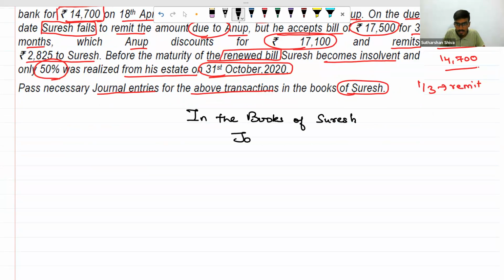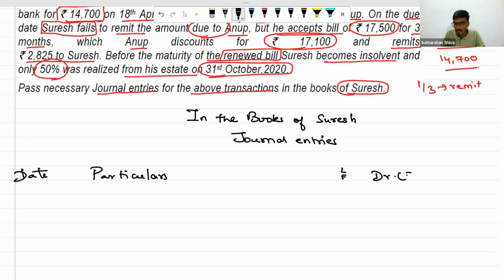You will write journal entries. You will write a date column, particulars, LF column which should be very small, then debit with rupee symbol, then credit with rupee symbol.